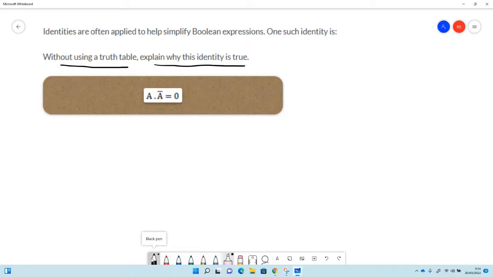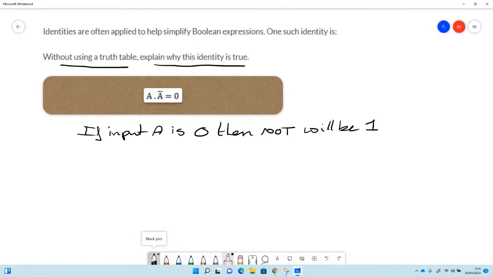So we could say that if input A is 0, then not A will be 1, which will be a good start.